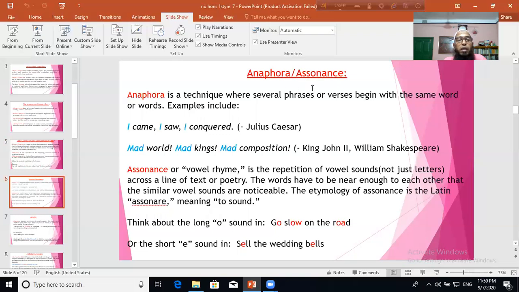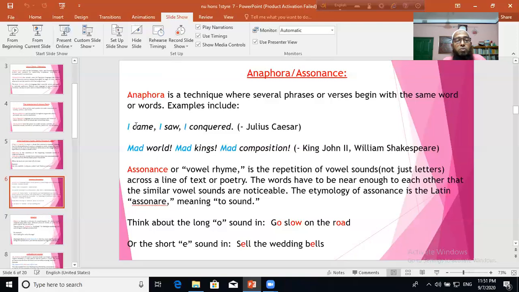Now anaphora and assonance. In this slide, look at anaphora and assonance. What is anaphora? Anaphora is a technique where several phrases or verses begin with the same word or words. It's a line where each phrase starts with the same word. Examples include: I came, I saw, I conquered, said by Julius Caesar. Another quotation: mad world, mad kings, mad composition, in the play King John, written by William Shakespeare.